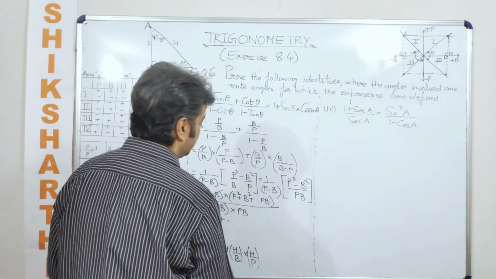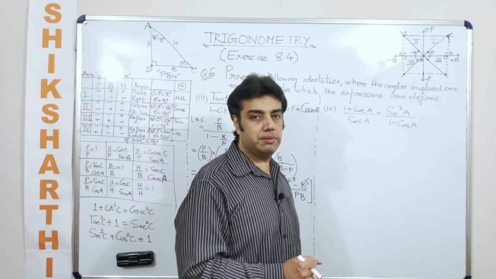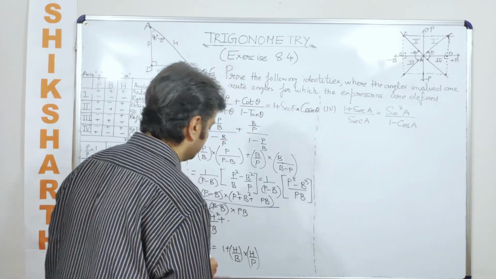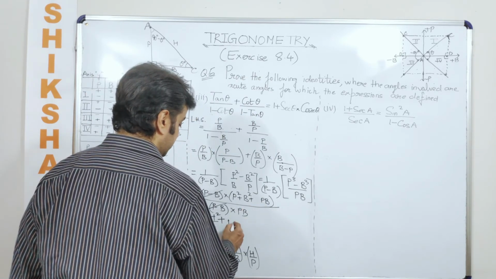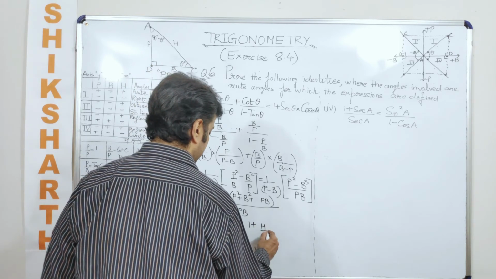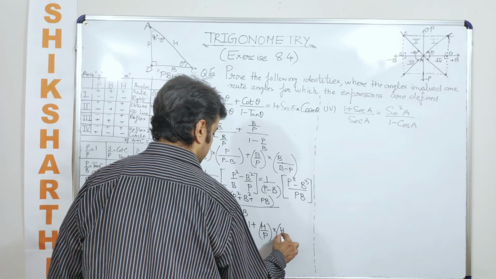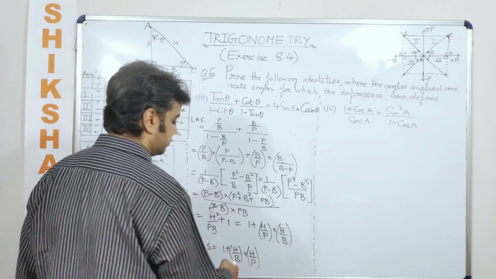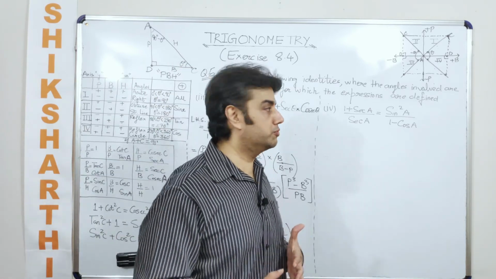This is p cube minus b cube is equal to p minus b into p square plus b square plus pb, not plus 2pb. Okay, so now pb divided by pb gives me 1. So can I say this can be further written as 1 plus h by p into h by b. This is equal to RHS. So henceforth you can say LHS is equal to RHS, which means hence proved.